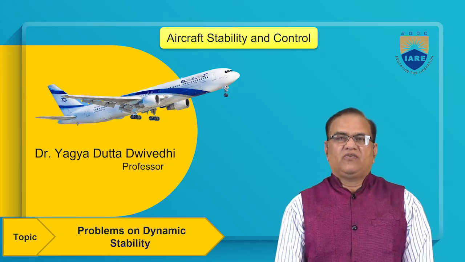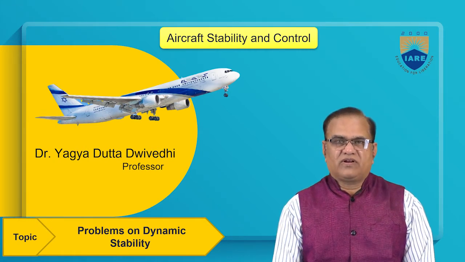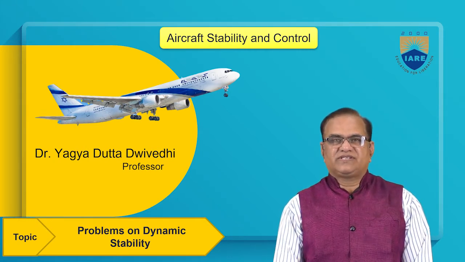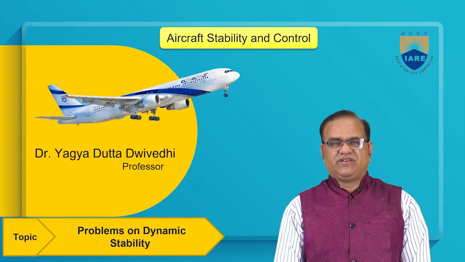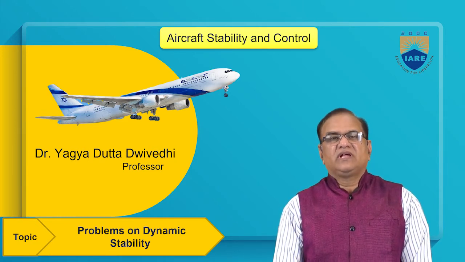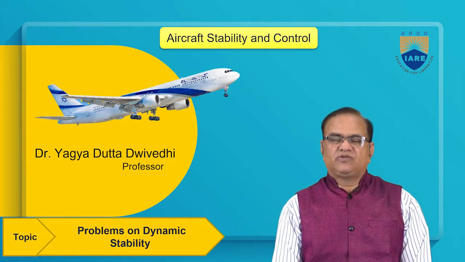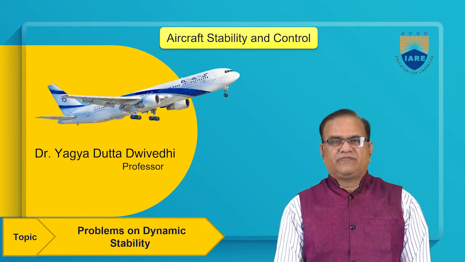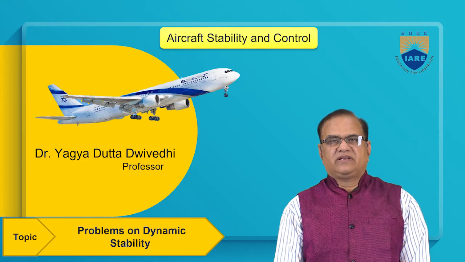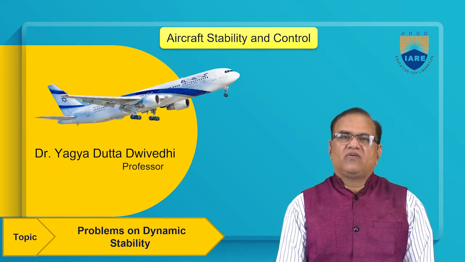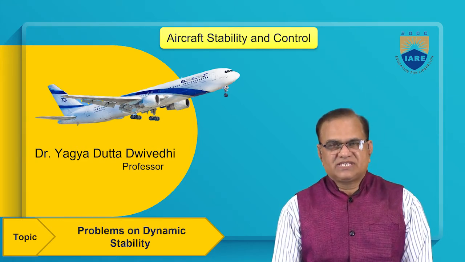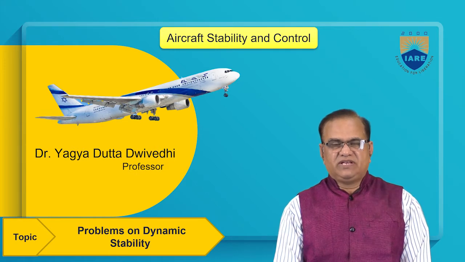Then we have done sufficient work on aircraft equations of motion in 6 degrees. Then we have solved the equations of motion by using perturbation theory. And finally, we have done our classes for dynamic stability.